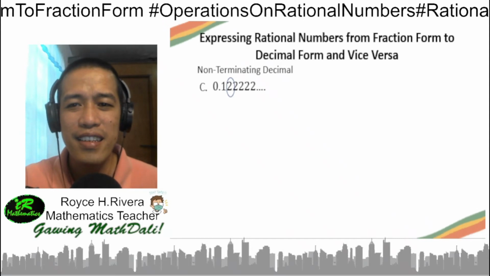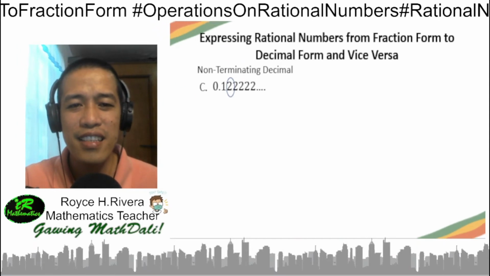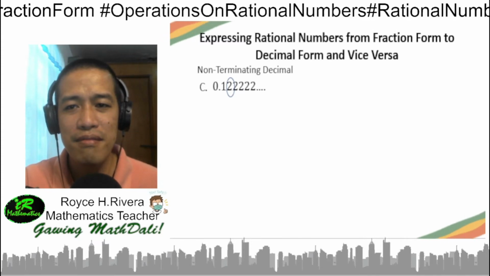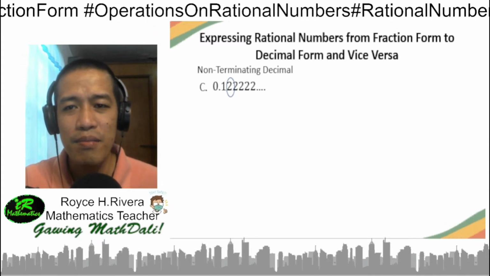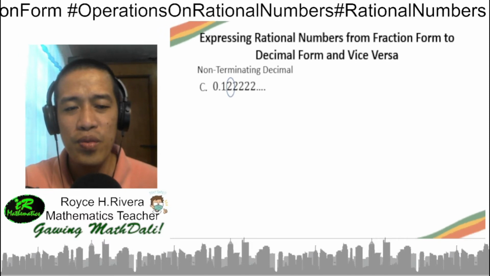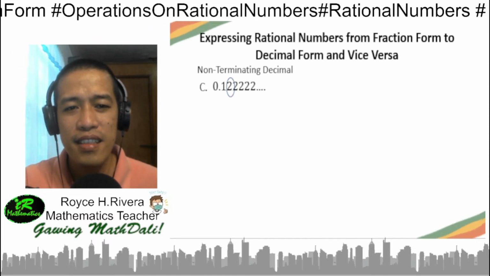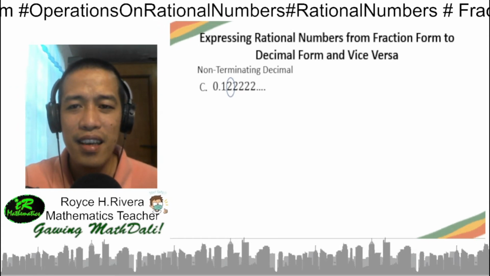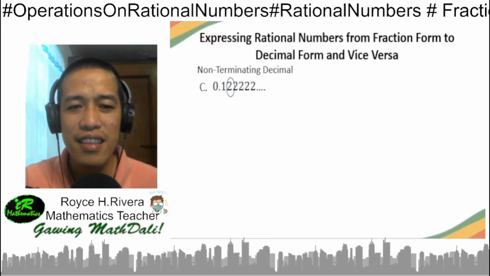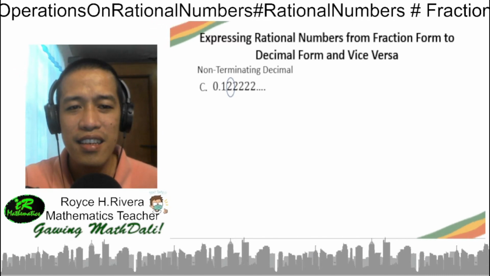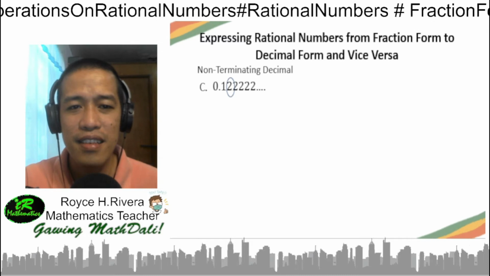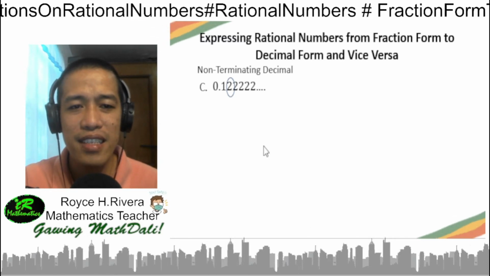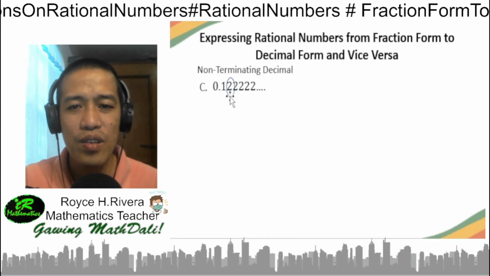For letter C, the third example for non-terminating decimal. So we have the given 0.122222. Just like a while ago, we identify the digit or digits that are repeating. So we have one repeating digit for letter C, and that is 2.